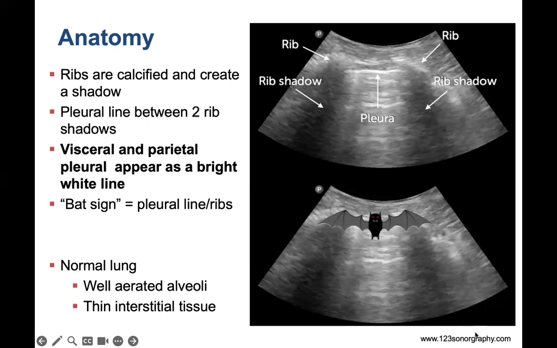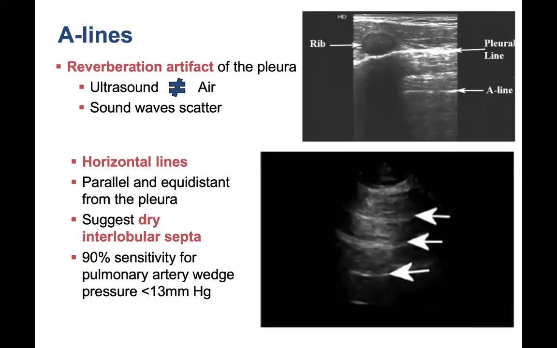Just a reminder that normal lung is going to be well aerated alveoli and thin interstitial tissue. So normal lung will be filled with air. When we start to talk about the artifacts, one artifact is A lines. And this artifact is a reverberation artifact of the pleura. So ultrasound does not travel well through air. These sound waves will be scattered.